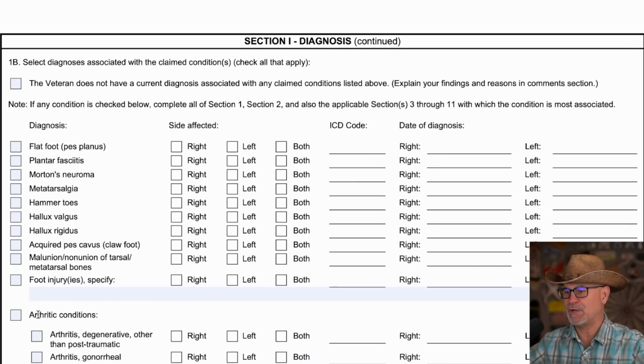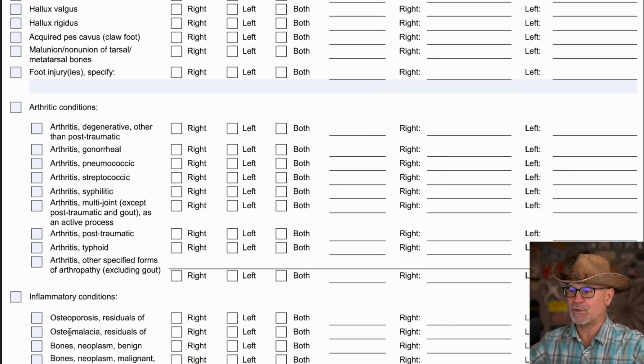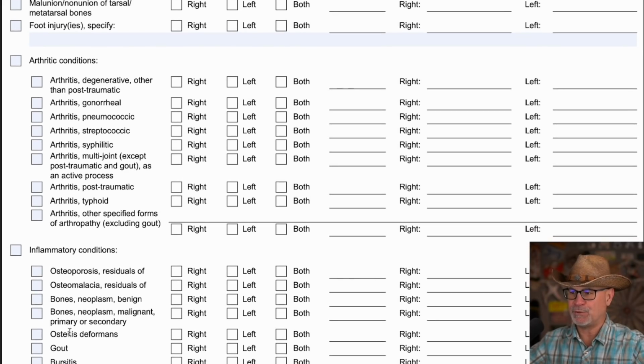And then if you have arthritis, which is going to happen for sure, how bad that is, what type of arthritis it is. So you're going to want to make sure that you have a diagnostic code that matches up with this DBQ, because you don't want to go in and file a claim for a condition that's not on the DBQ and that the VA doesn't rate.